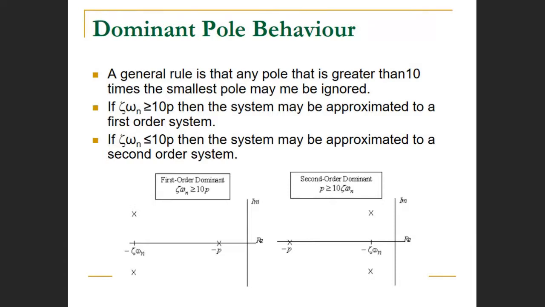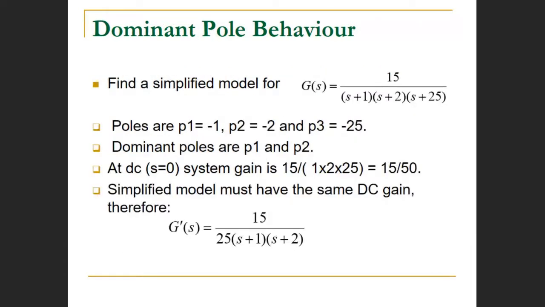Let us look at an example and see if we can bring this to light. Here we have a third order system, and you can quickly see the poles in this system. There are no complex poles in this system. We're going to call them P1, P2, and P3. It's a third order system. So we have P1 being -1.